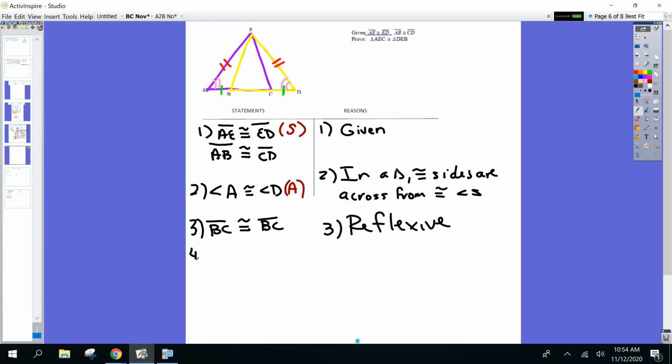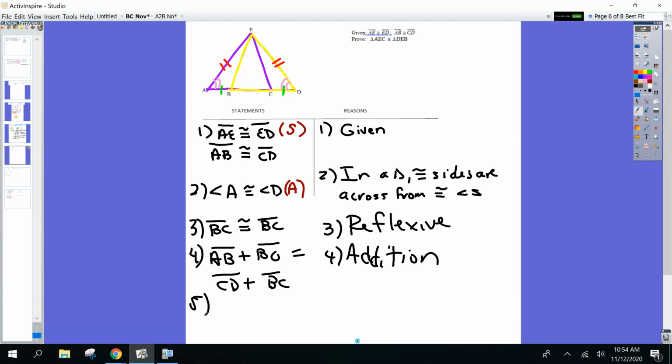Take side AB, add it to BC, and that'll be the same length as if I took CD and added it to BC. So now you have addition in this proof, followed by substitution to say AC is congruent to BD.